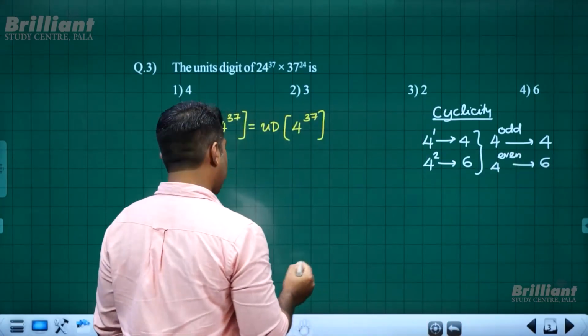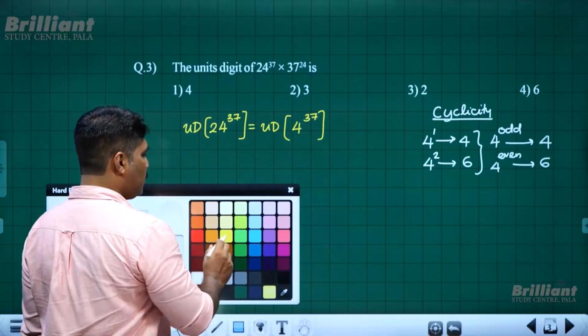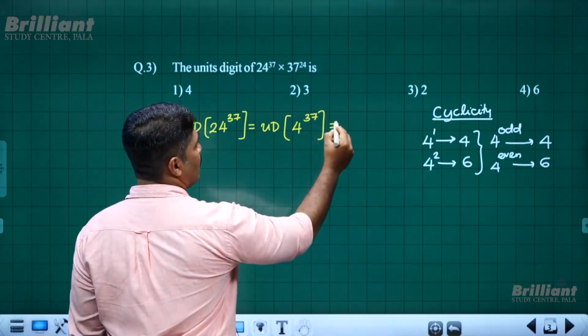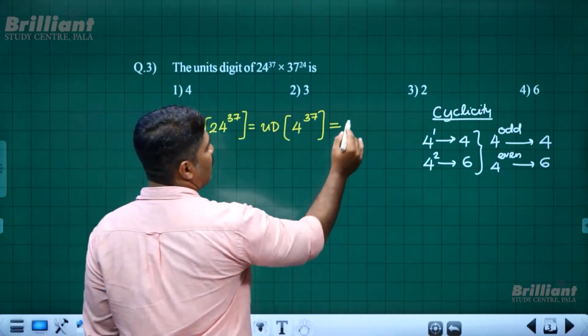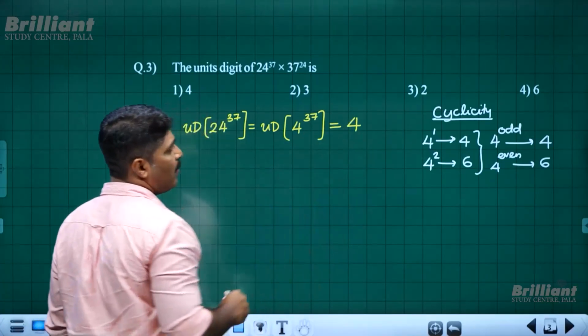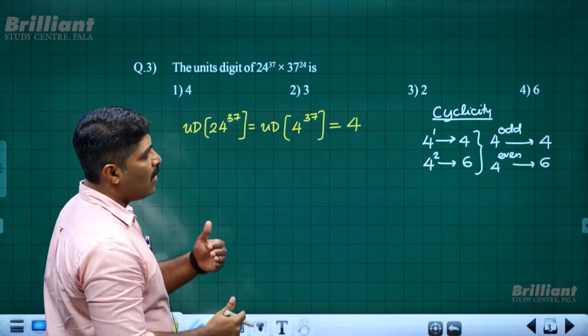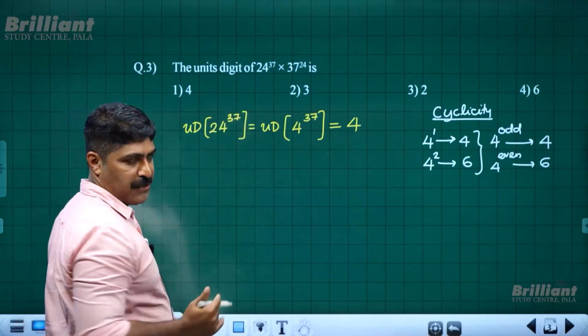Here this 37 is odd. Therefore, its unit digit is 4 itself. Got it? So now we can move to the second condition.